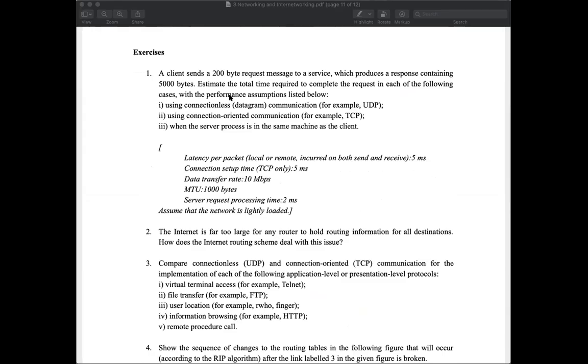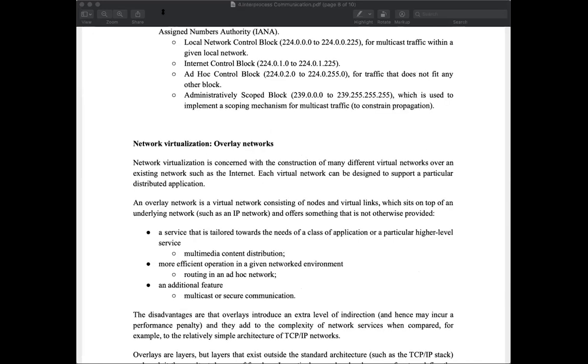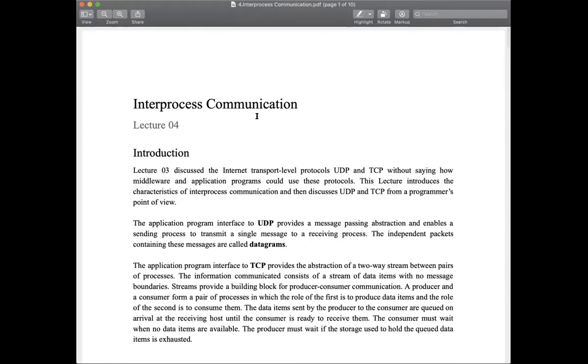So are we going to start the next presentation? As the fourth lecture, today we are going to talk about inter-process communication.